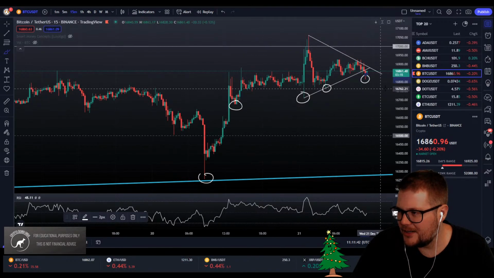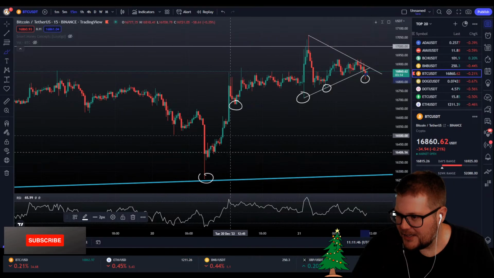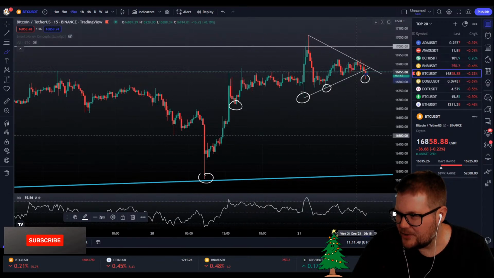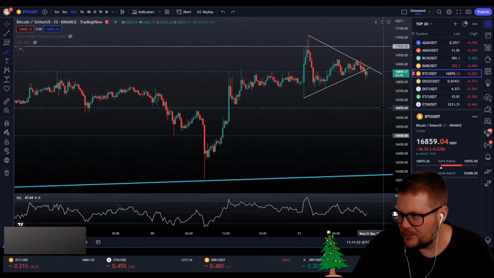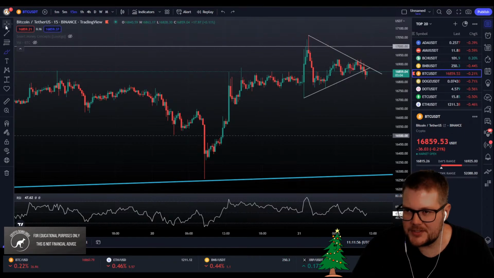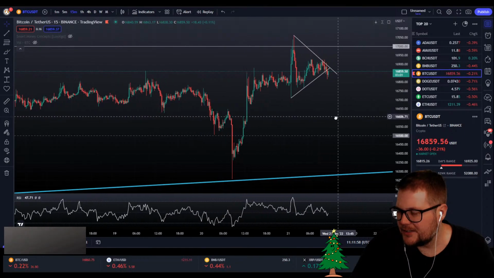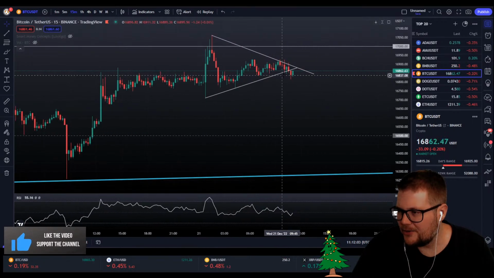They're all higher than the previous. What's up, Jimmy? And that's the hallmark of an uptrend. So until we start getting lower lows, this is still an uptrend, and it's still looking like it could test 17,000 again, but we got to keep our eye on that low.